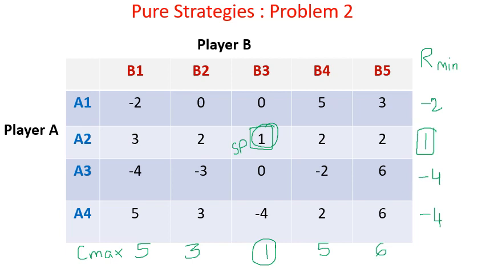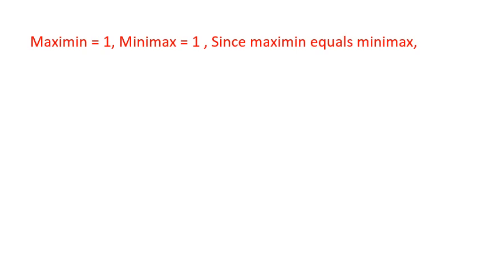Similar to the previous problem, the saddle point exists at A2 B3 and the value of the game is 1. Since 1 is a positive value, player A will be the winner. Maximin is equal to 1, minimax is equal to 1.